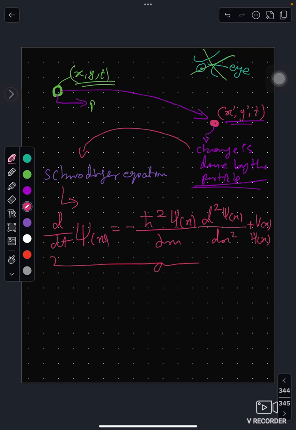This is the equation. This equation over here is the full complete Schrödinger equation. Let me add time as well, if I have the space, of course.